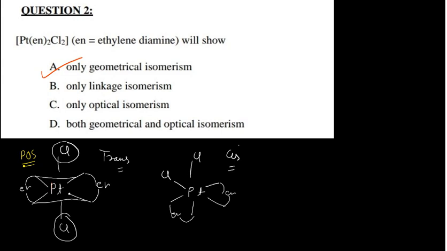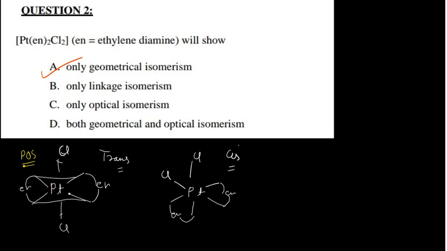And how can we say that it is having that plane of symmetry? For this I can delete this circle from here and from here also. Now say I am putting my chlorine here.